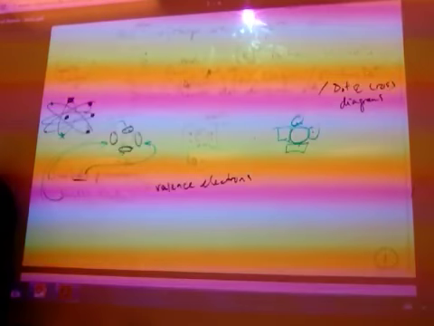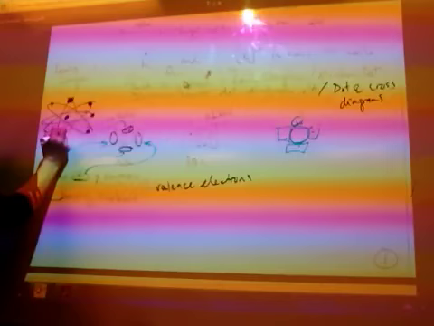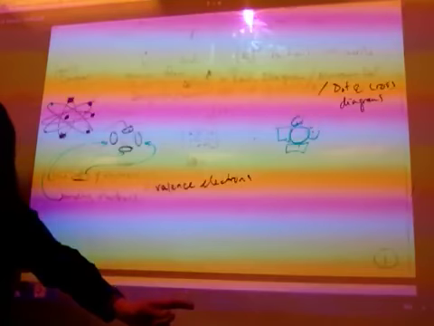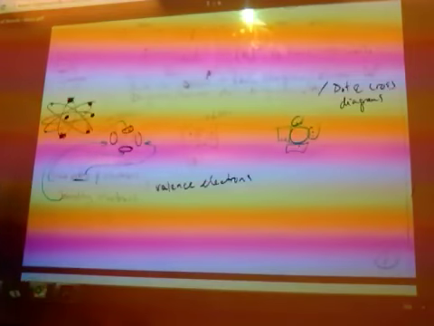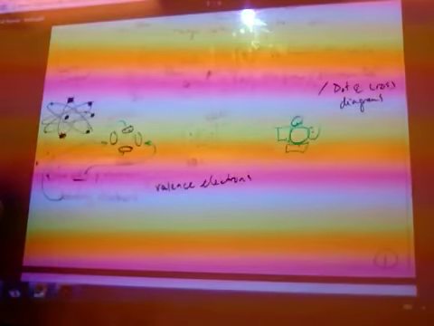Now, if I have a fifth electron, I'm going to have to squeeze it in to here where I'm repelled. But if I stay at the other end, I'm just not repelled as much. So I went 1, 2, 3, 4, and now I've got another one beside it.